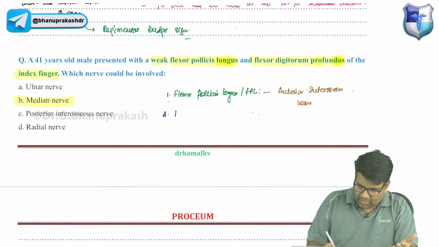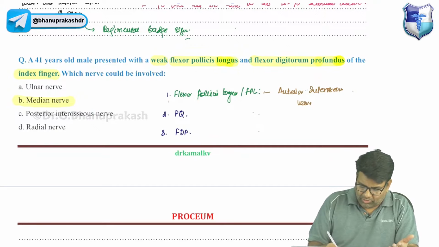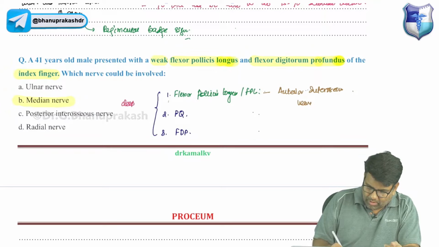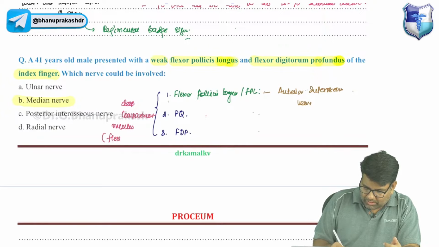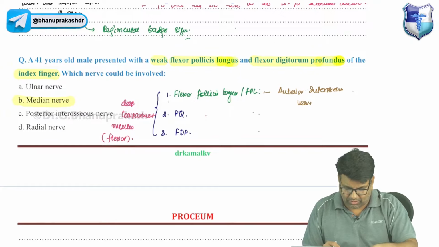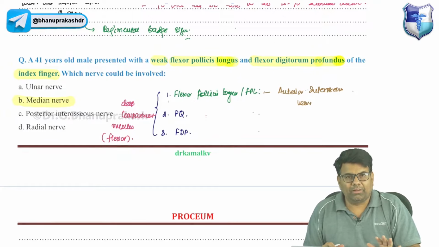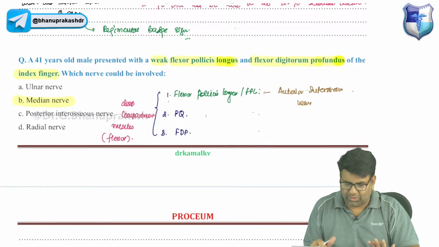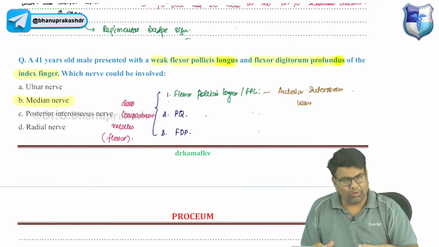One is pronator quadratus and third is flexor digitorum profundus. Now these three are the deep compartment muscles of the flexor aspect of the forearm, right? And all three are supplied by the anterior interosseous nerve. The parent nerve is of course median nerve. So since we don't have AIN in the options, we will go with the median nerve.